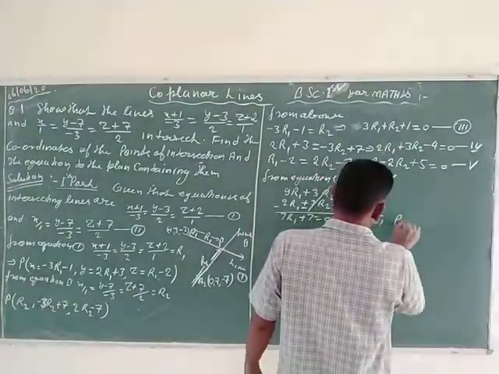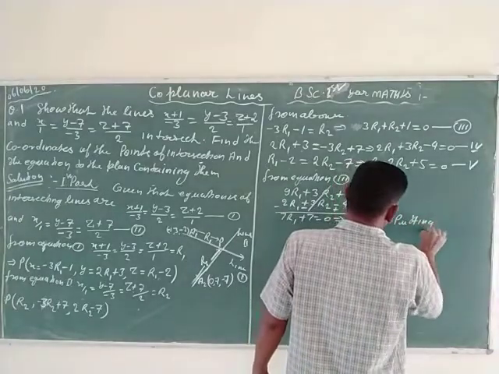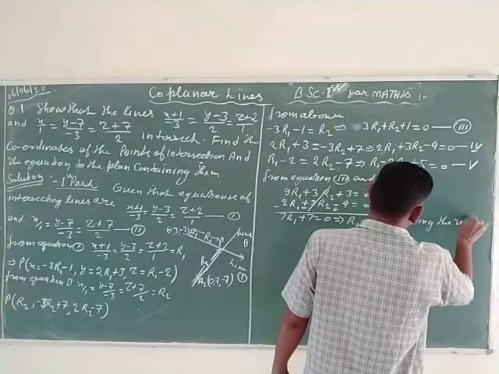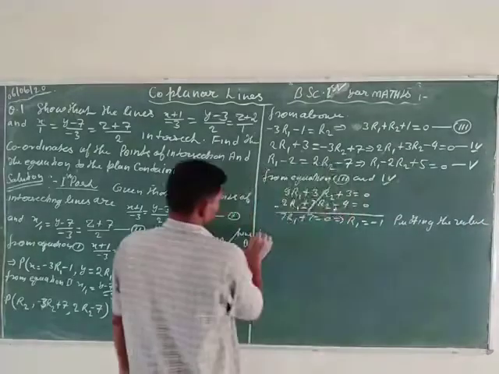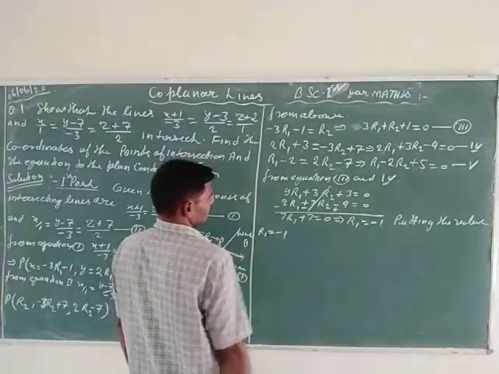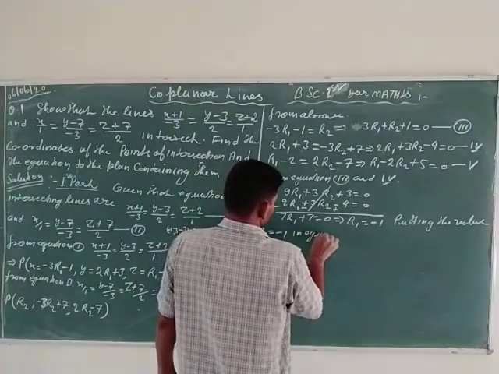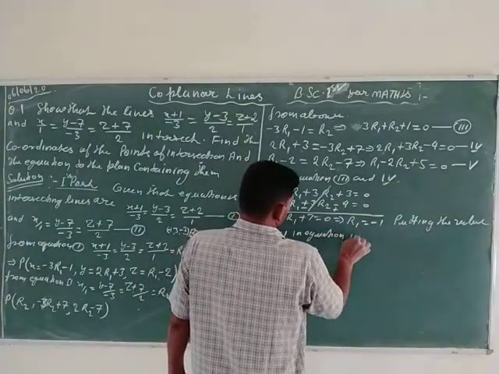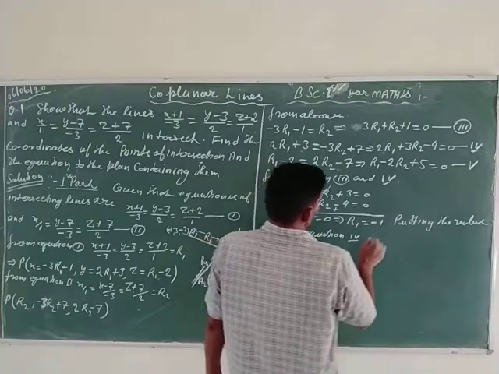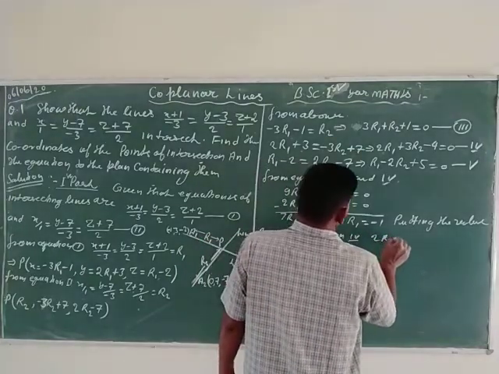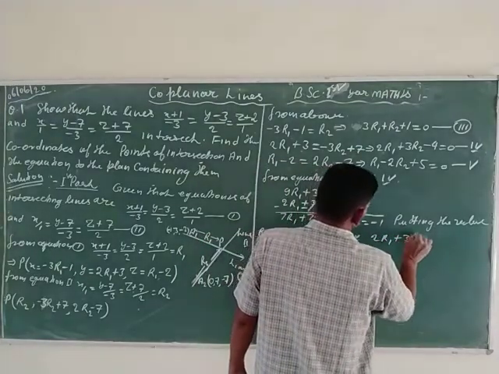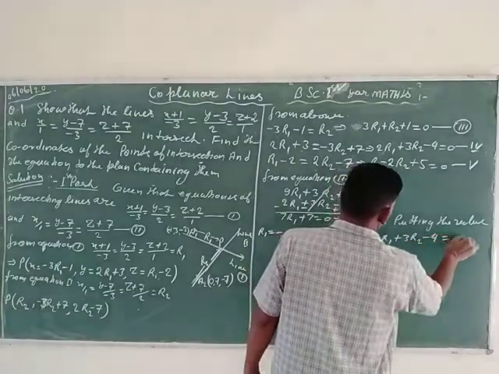So putting the value of R1 is equal to minus 1 in equation 4th, which is 2R1 plus 3R2 minus 4 is equal to 0.